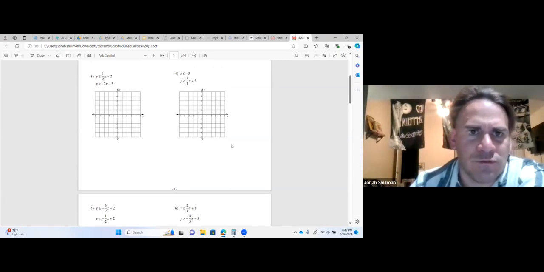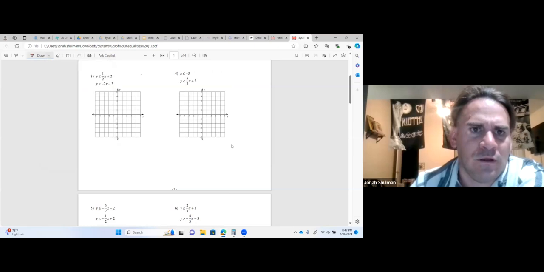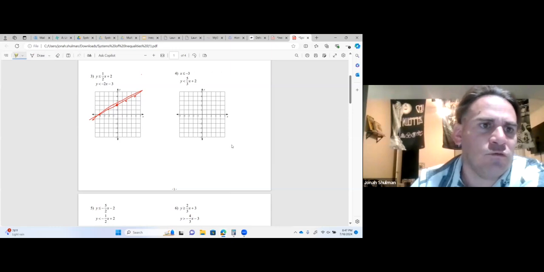So let's draw the first one. So here's your first inequality. All right, so it's going to be positive 2. And we're going to go up 1 over 2, up 1 over 2, down 1 back 2, down 1 back 2. All right, and it has this, so this means this is going to be a solid line. There's your solid line, and I'm going to highlight red.